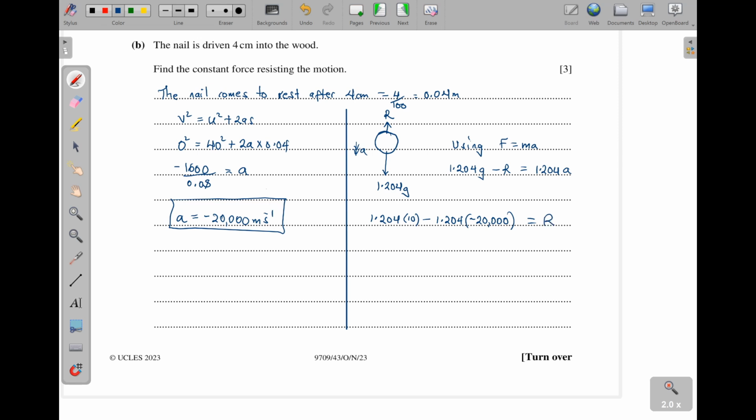Then this one is equal to R. I have brought this one here and this one this side.